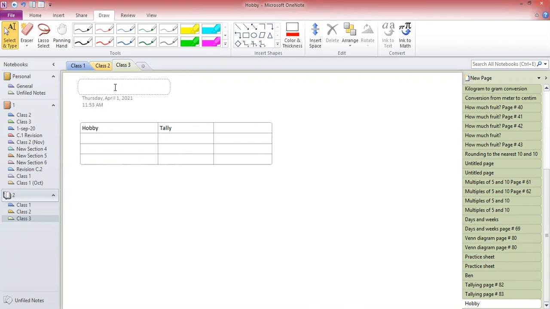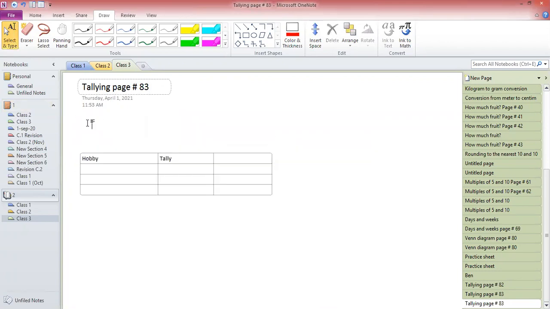On the top of the page, write the heading. The topic is tallying, on page number 83. This is the answer of question number 2. Just write question 2 answer, you don't need to write the whole question.